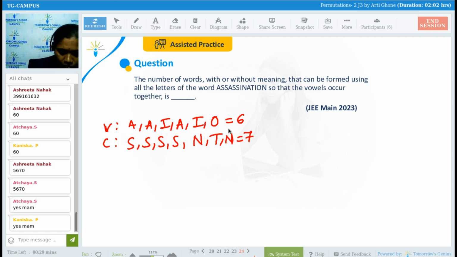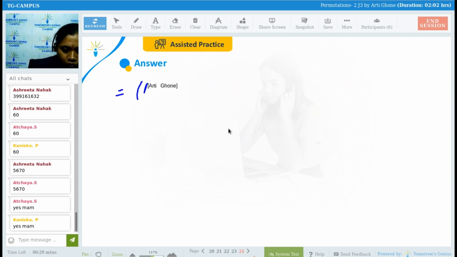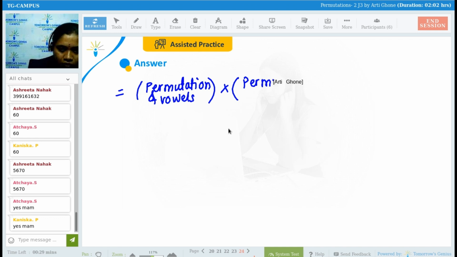So now we have permutation of vowels into permutation of consonants.